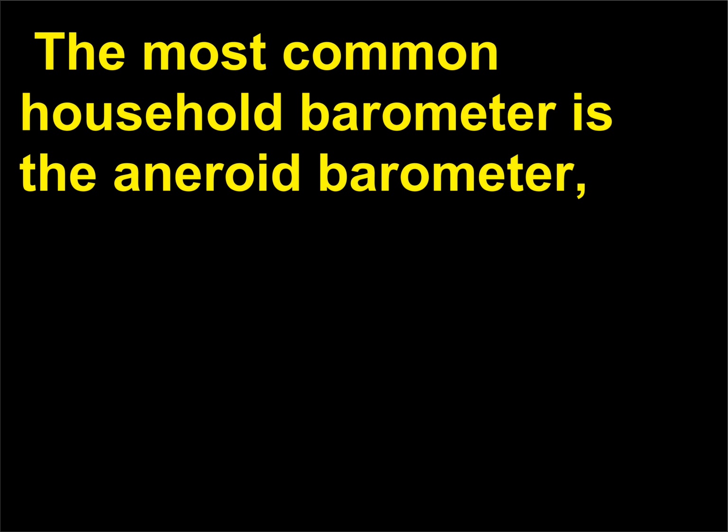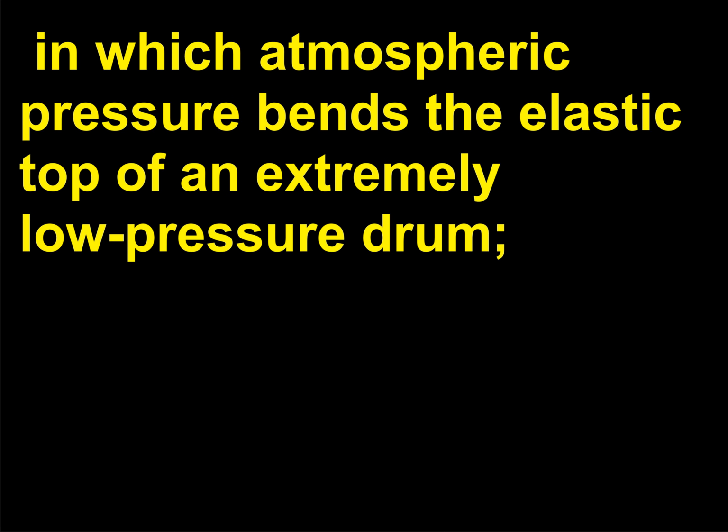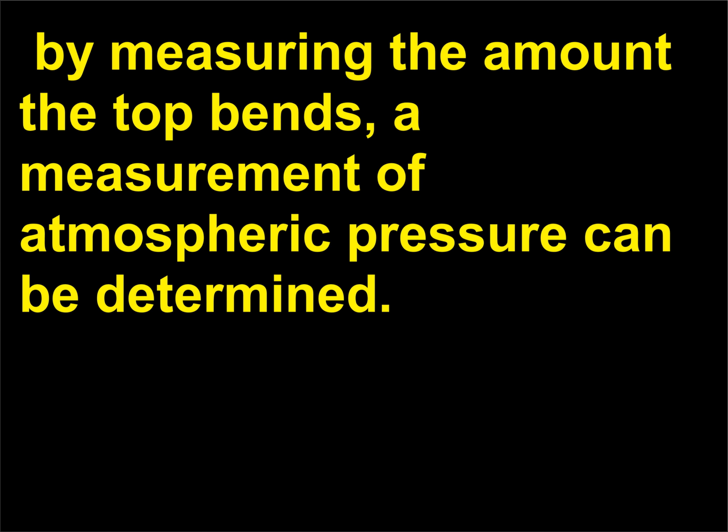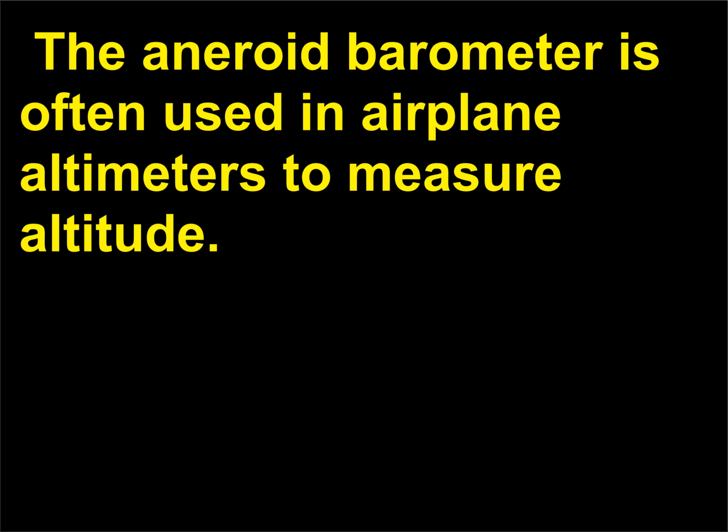The most common household barometer is the aneroid barometer, in which atmospheric pressure bends the elastic top of an extremely low-pressure drum. By measuring the amount the top bends, a measurement of atmospheric pressure can be determined. The aneroid barometer is often used in airplane altimeters to measure altitude.